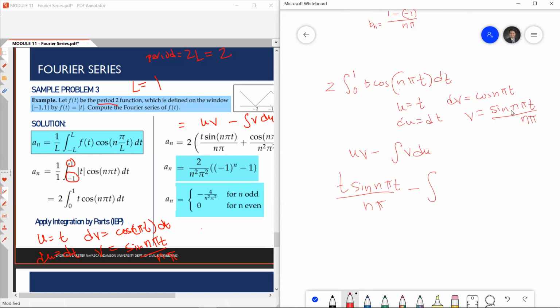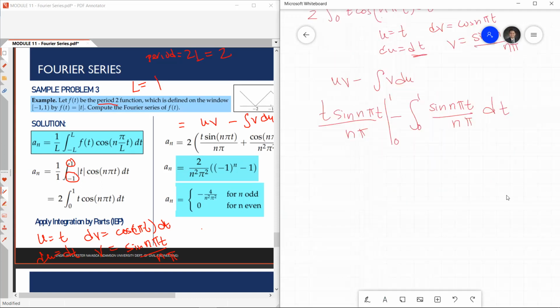What is our v? That is sine n pi t over n pi. What is our du? Which is dt. Evaluated from 0 to 1.